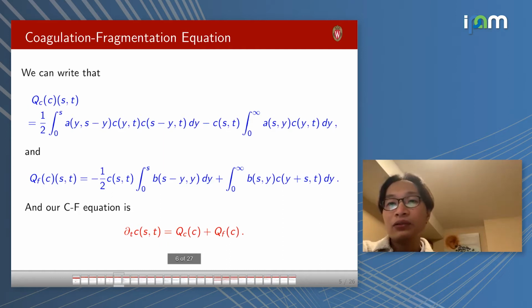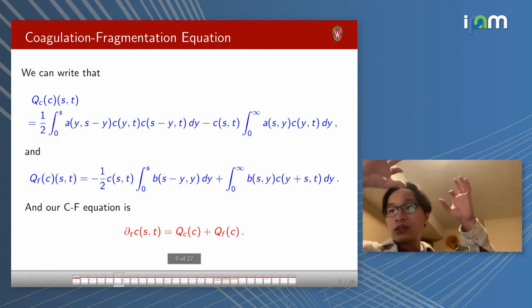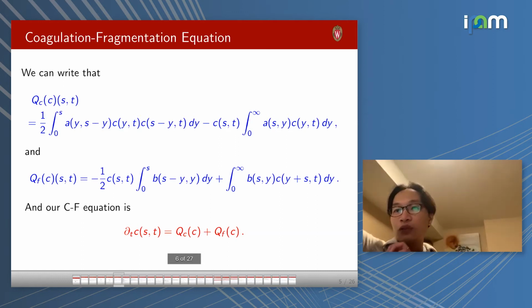And the second term is the fragmentation term. You can see that we can also do it in the same way, that I count the amount of cloud size that I lose, that S is being broken into S minus Y and Y. So that's the first term, minus 1/2 of that. And the second term is what I gain, right? Because I have a cluster of bigger size, Y plus S, that is being broken into S and Y, and that's what I get.